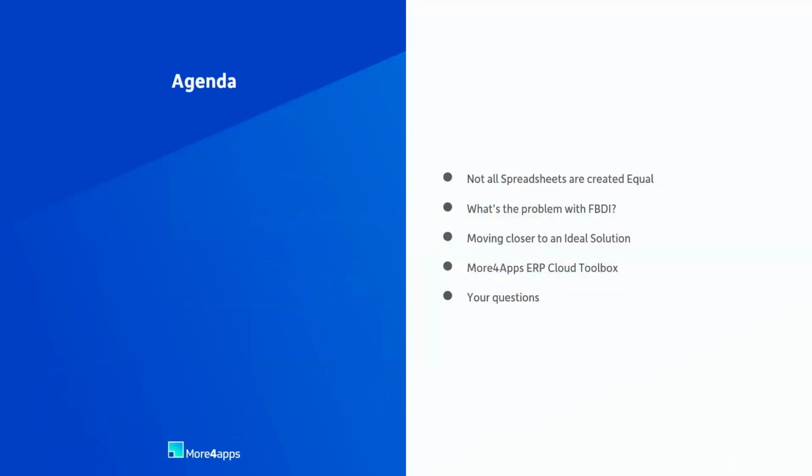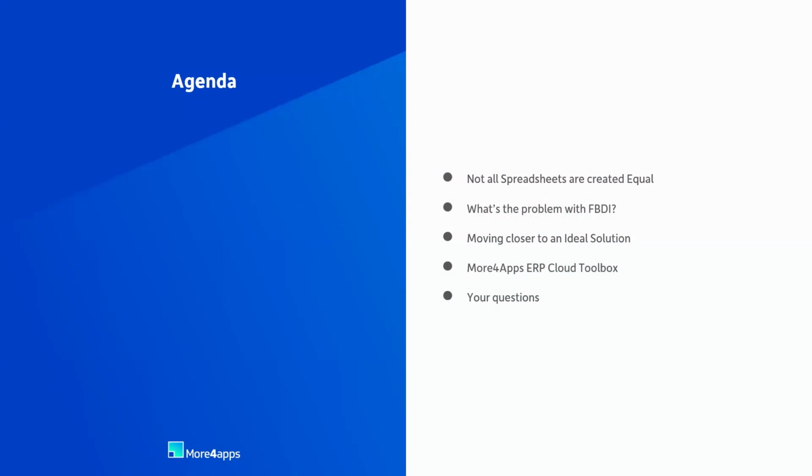So this is actually the rough guide of what we'll be covering in the session today. So we're going to be focusing on spreadsheet loading, and that means really a lot of discussion around FBDI, what we use it for, what its limitations are. And then we'll start to think about what would work better for us, what an ideal world would look like in terms of spreadsheet loading. And that'll hopefully bring us naturally to our More for Apps solution, which is called the ERP Cloud Toolbox.